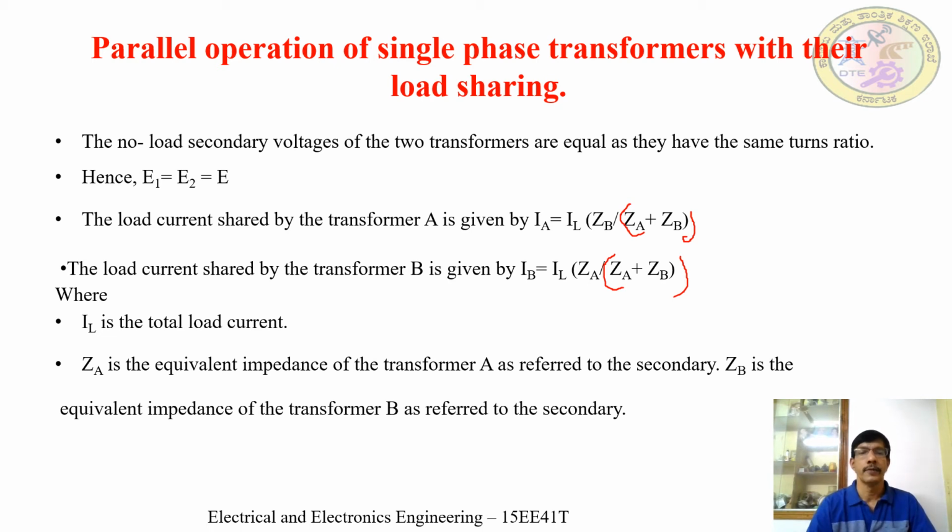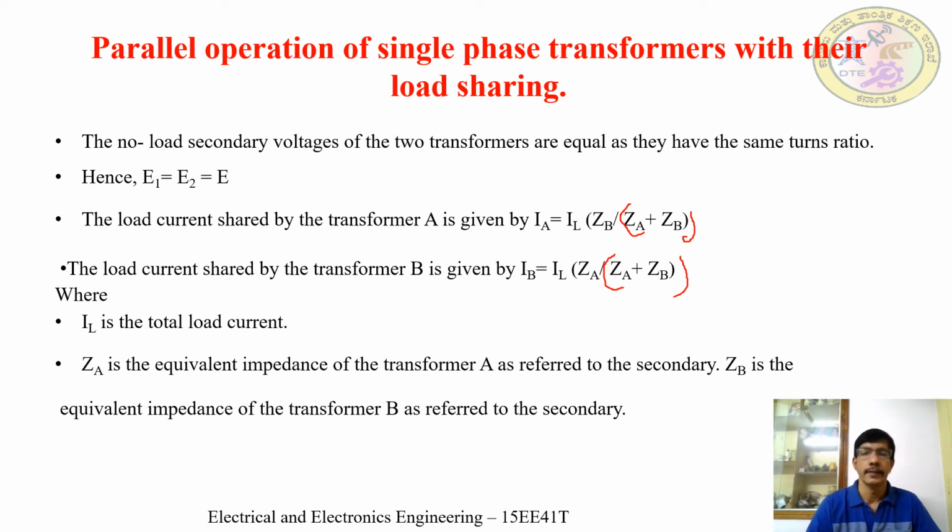The load current shared by the transformer A is given by IA equal to IL into impedance of the other side divided by total impedance. Similarly, load current shared by the transformer B is given by IB equal to load current into impedance of the other branch divided by total impedance.